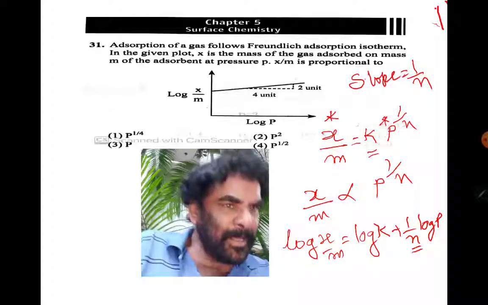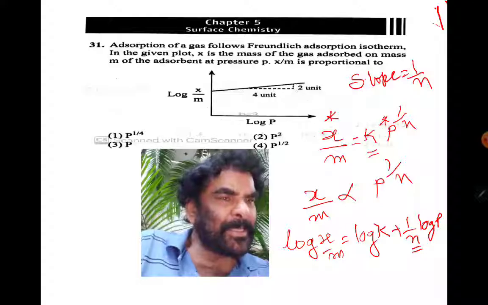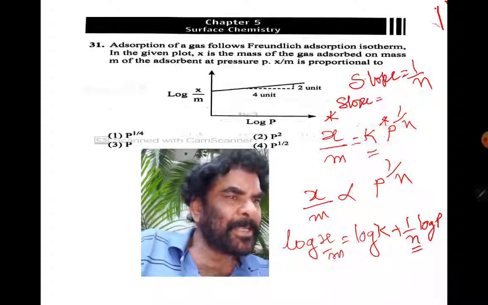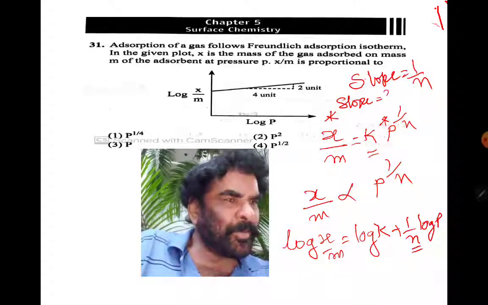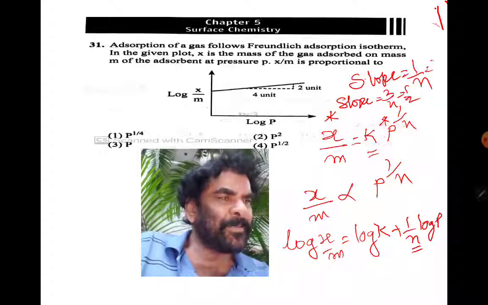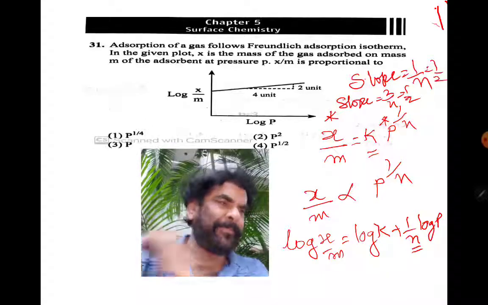From the graph, delta y is 2 and delta x is 4, so the slope is delta y by delta x, 2 by 4, which is equal to 1 by 2.